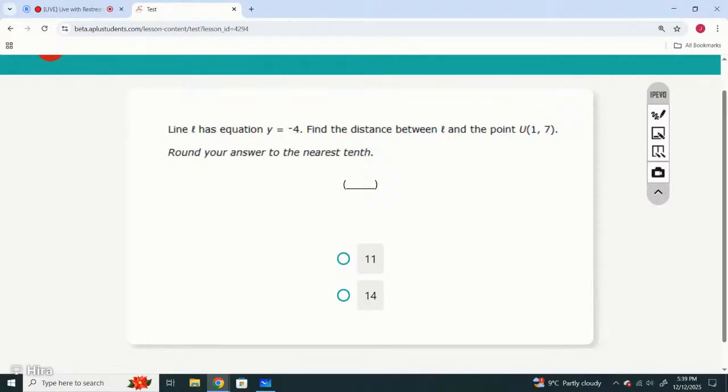Line S has the equation y equals -4. Find the distance between the line and the point U. Round your answer to the nearest tenth. So which is the correct option?